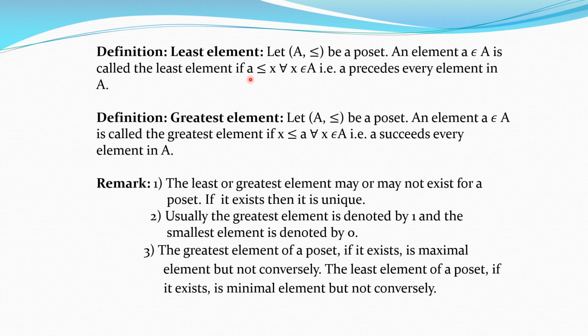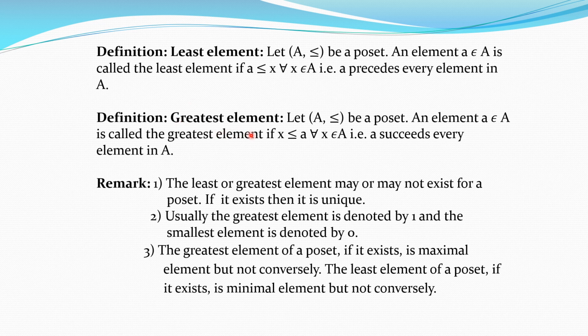Now next are the least element and the greatest element. Now A is a poset. An element a in A is called the least element of A if a precedes x for all x in A. So if there exists some element a in A such that a precedes all elements of that set, then a is called the least element of that set.